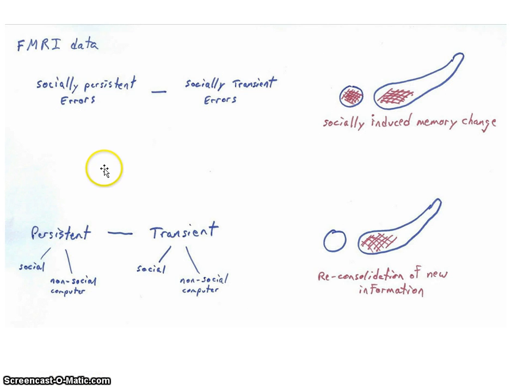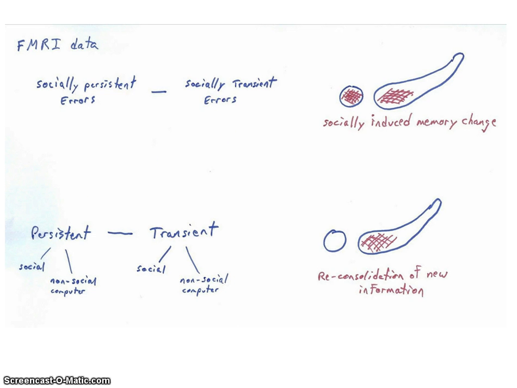Okay, so let's take a look at the fMRI data. They analyzed this in a variety of ways, but for one of the analyses, they did the following. They took the brain scans of all the folks who had a socially persistent error, and then subtracted the scans from those who showed socially transient errors.